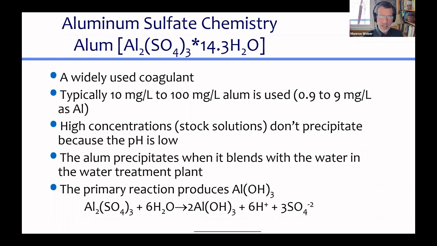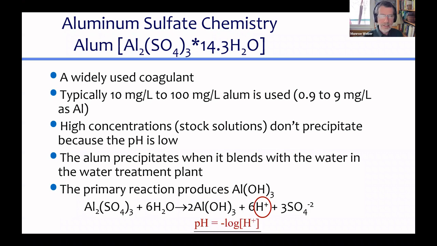I don't know how you feel about chemistry, but it's one of those cool things. And it explains what's happening here. So when we add aluminum sulfate to water, a bunch of protons show up in water, H+. That means that we're increasing the concentration of those hydrogen ions. And that means that the pH is dropping.